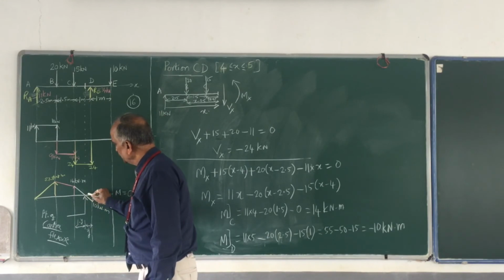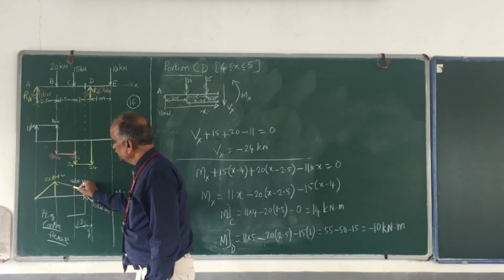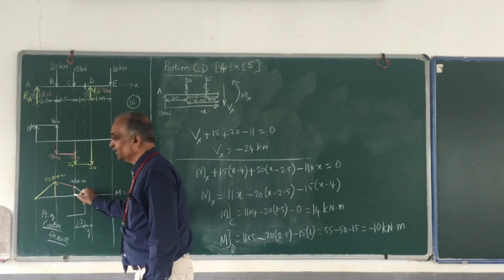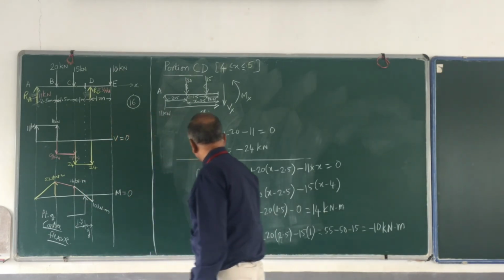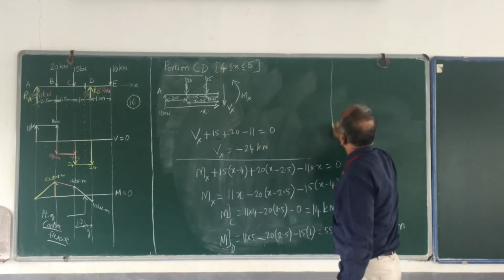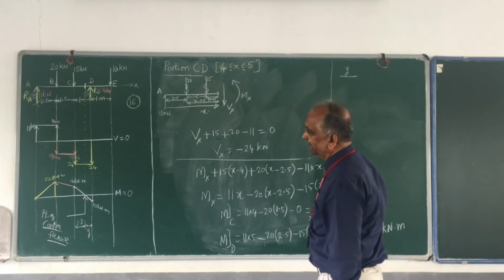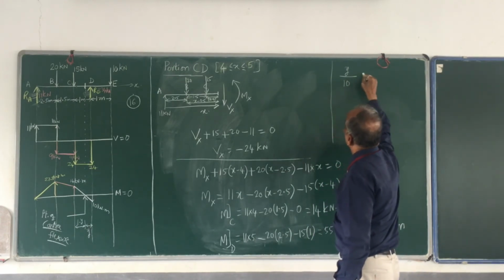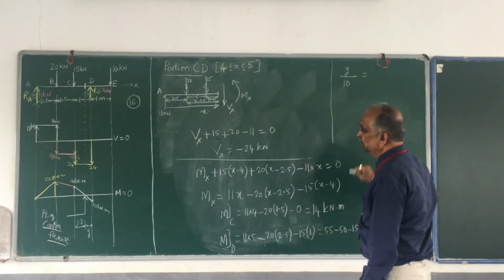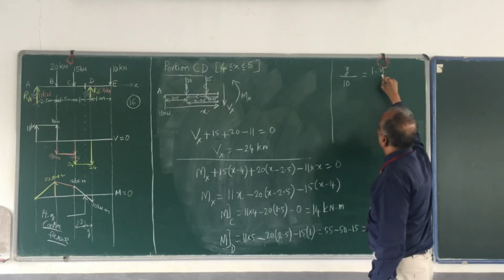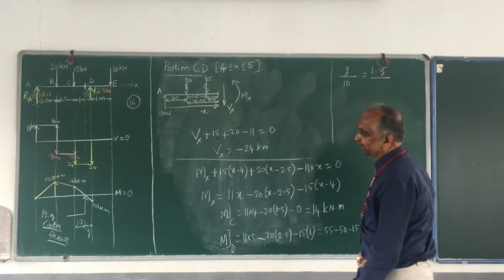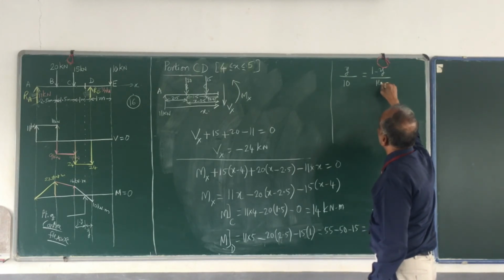So this value is y, and you know this is 10. This is one triangle, and similarly this triangle. This is 14, and this length is 1 minus y. So now y divided by 10 is also equal to (1 minus y) divided by 14.